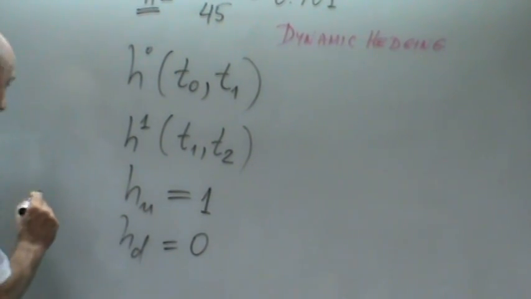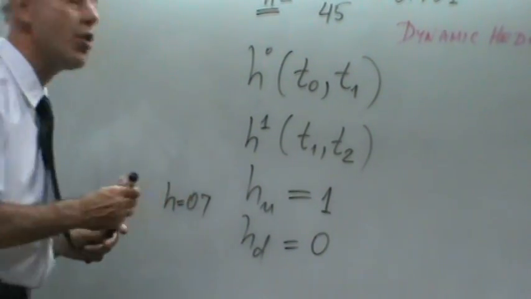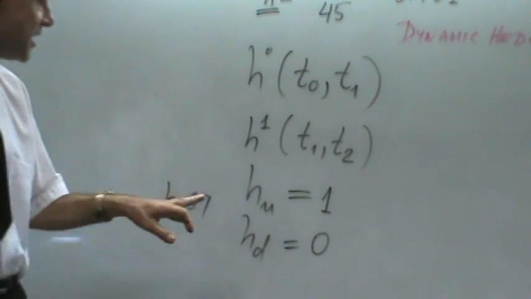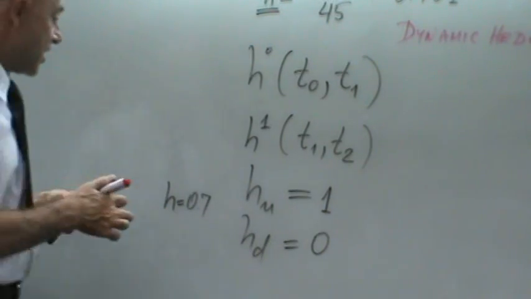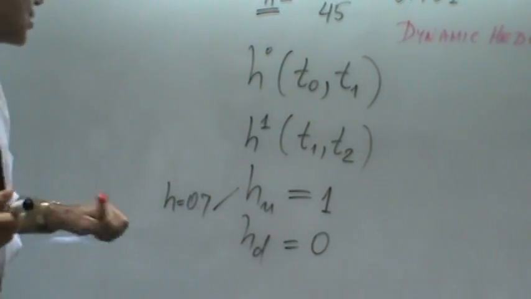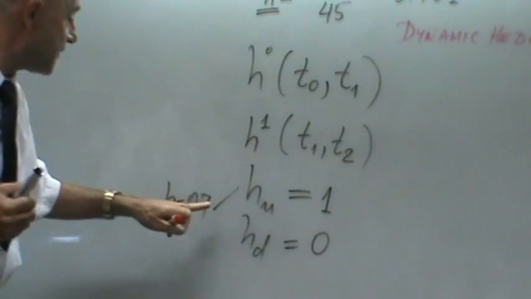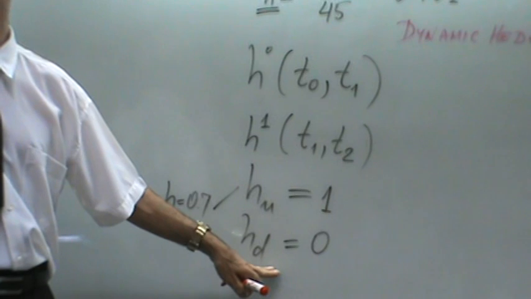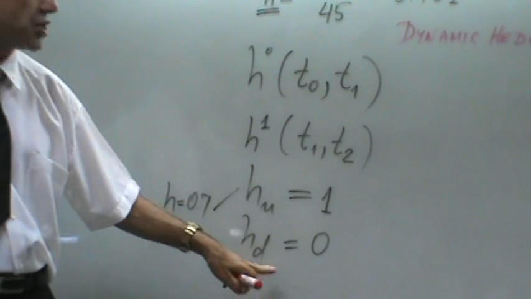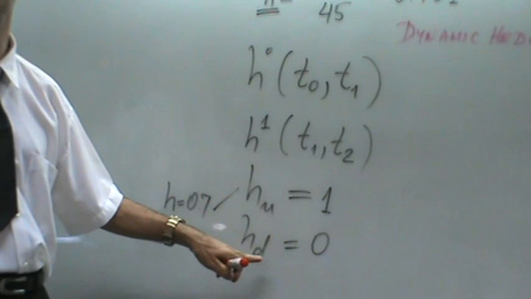In the original, H was 0.7. So, if it goes up, you have to increase the hedge ratio. If it goes down, you have to reduce the hedge ratio. Okay? So when it goes up, you increase the hedge ratio. When it goes down, you reduce the hedge ratio.